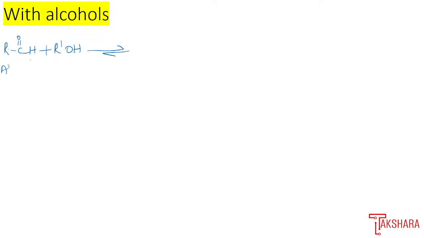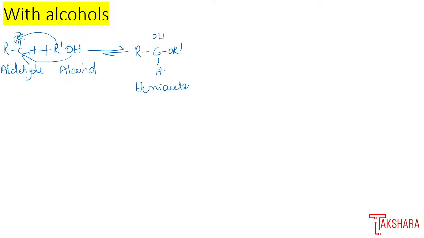So here this is the aldehyde and this is the alcohol. Here again we have the carbonyl group, so when this bond shifts, R' comes and attacks here, and the OH group comes to this side and attaches. We get the product called hemiacetal, which is unstable.